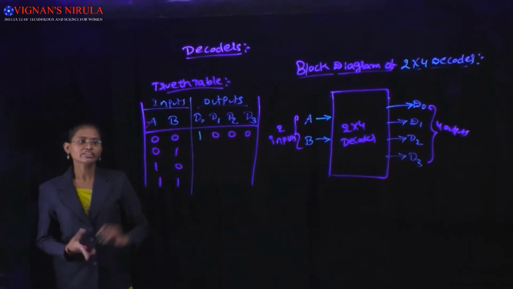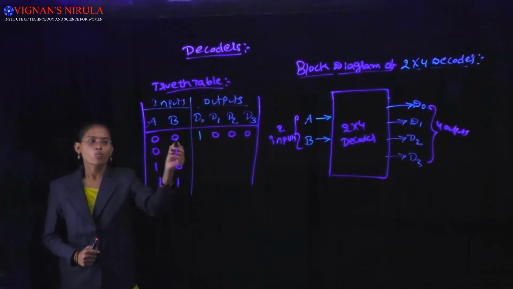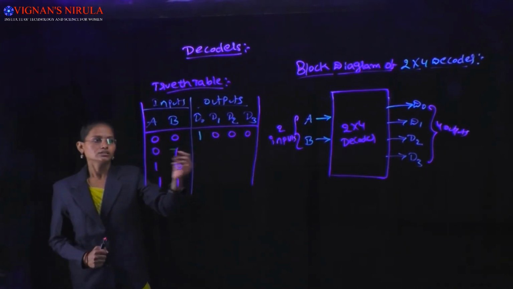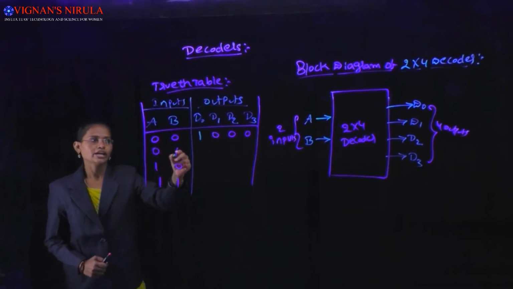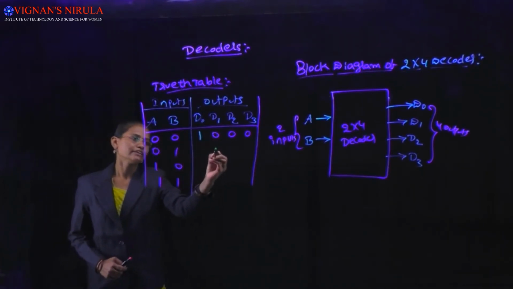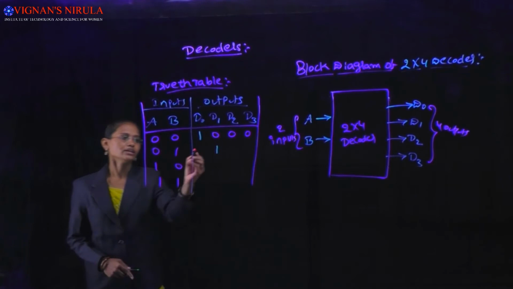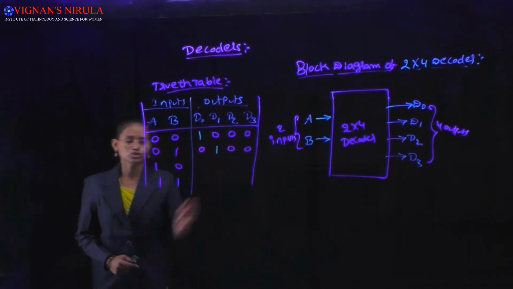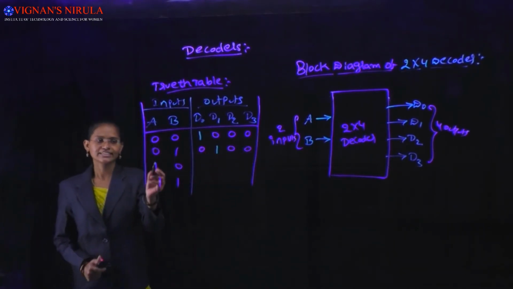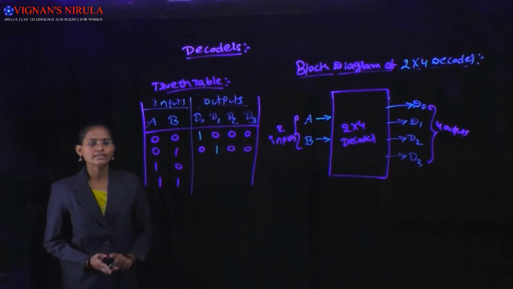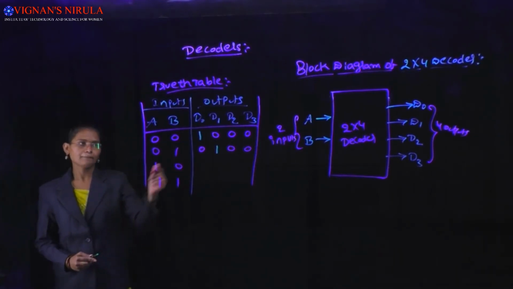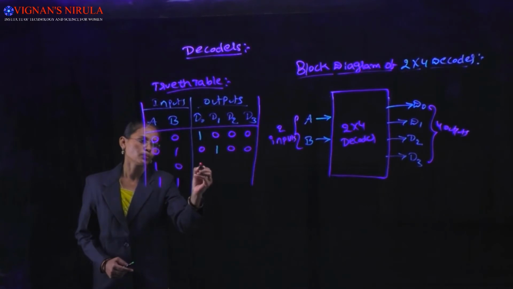If the input given is 0 1, the output appears at D1 and the remaining are all zeros. Next, the input given is 1 0, which is the binary number, and it appears at D2.